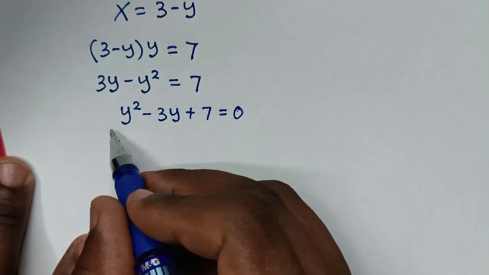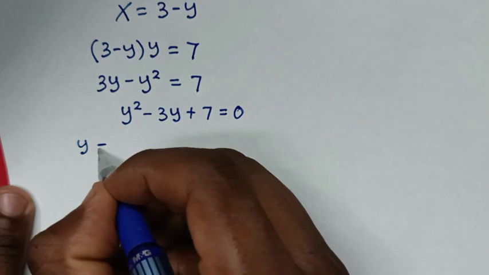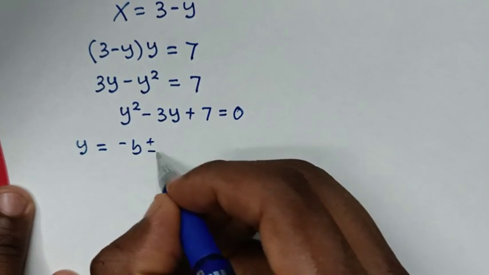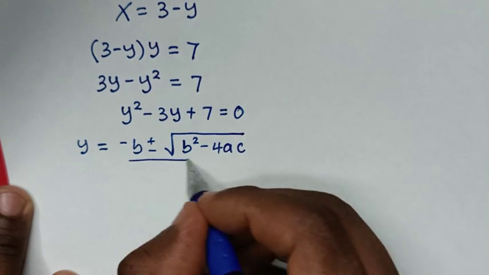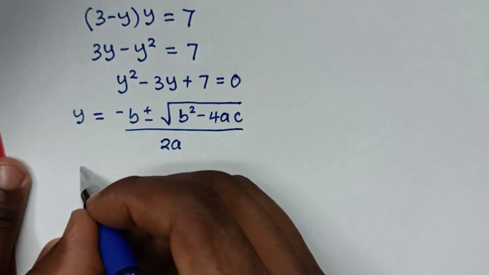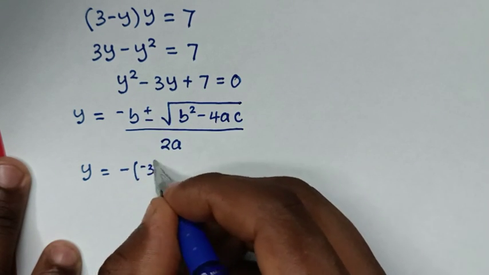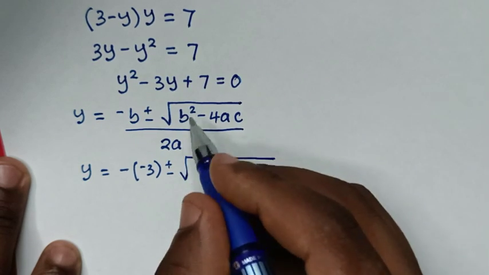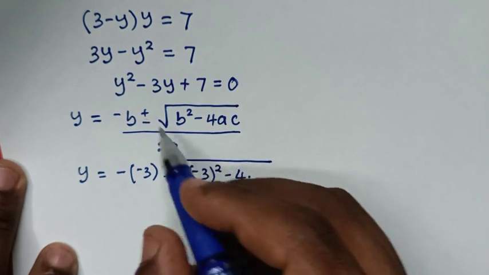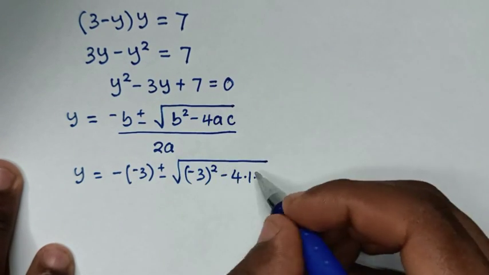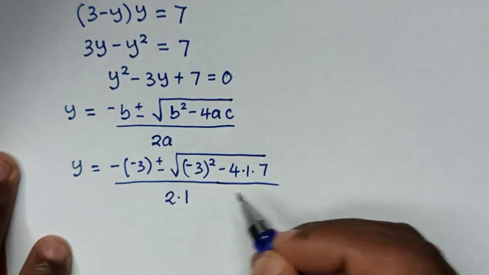Then to solve this quadratic equation, we'll use the quadratic formula to find the value of y. So y is equal to negative b plus or minus square root of b square minus 4ac, over 2a. Then y is equal to negative b, which is negative 3, plus or minus square root of b square, negative 3 squared, minus 4 times a is 1, times c is 7, over 2 times a is 1.